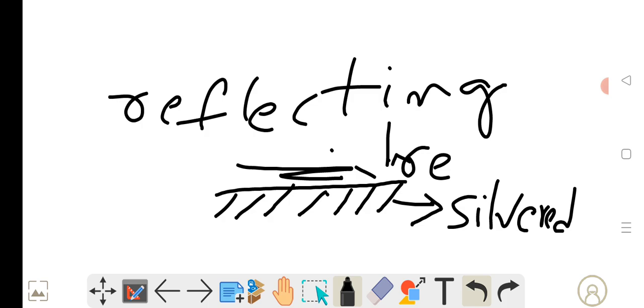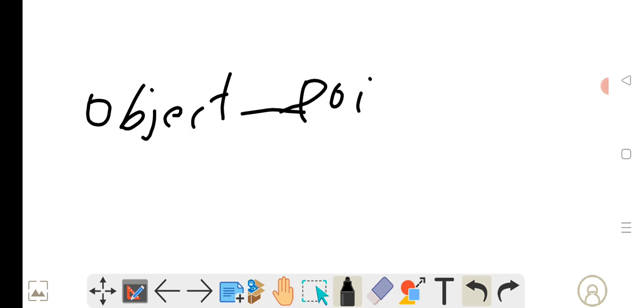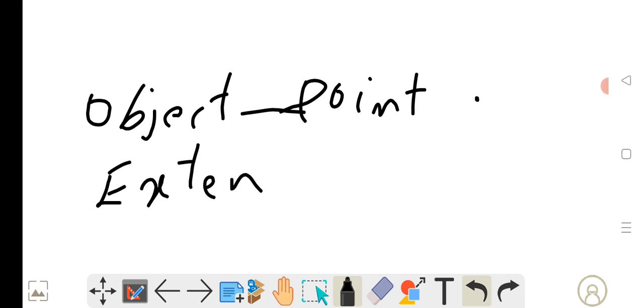If anybody has any doubt, you can see my previous videos for definitions. Now see here, I am taking an object that is point size, meaning a very small object, just a point. Sometimes you will have an extended object as well.